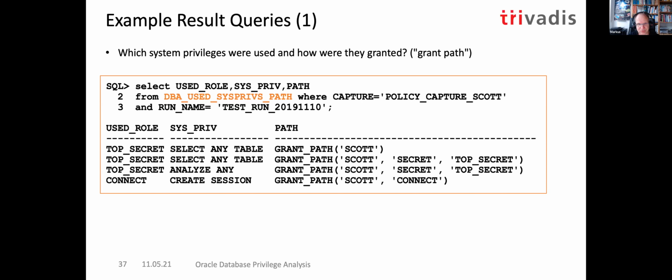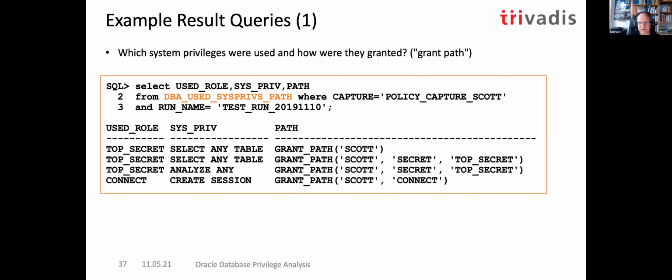You can see two things in this slide. The first is that the SELECT ANY TABLE privilege was granted to the user in two ways. Either a direct grant, this is the first line, and the second line shows that the privilege was granted via the role SECRET, respectively the role TOP_SECRET.